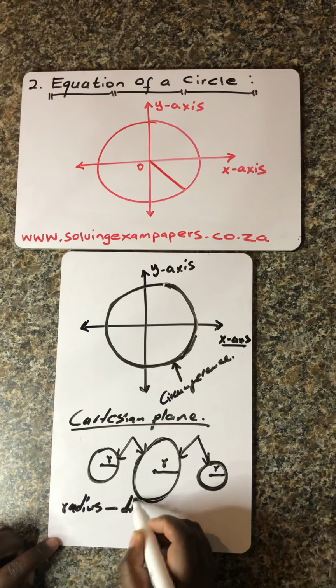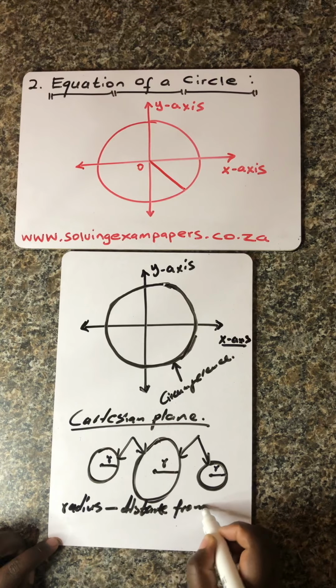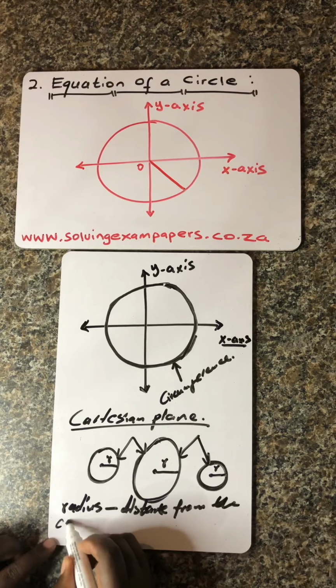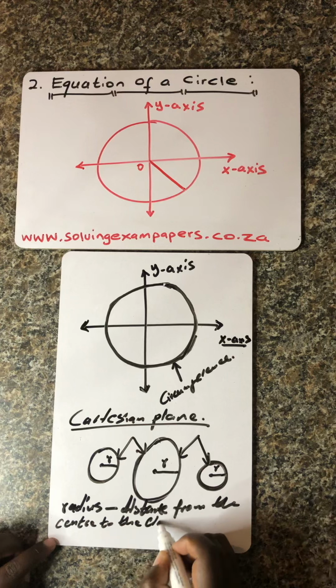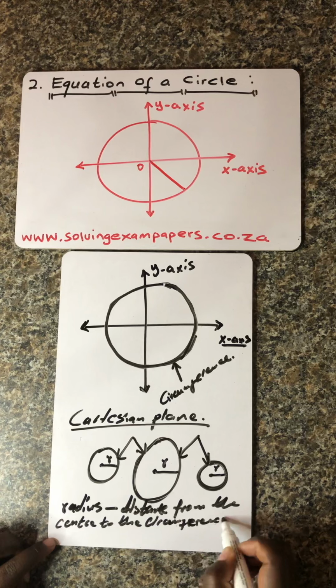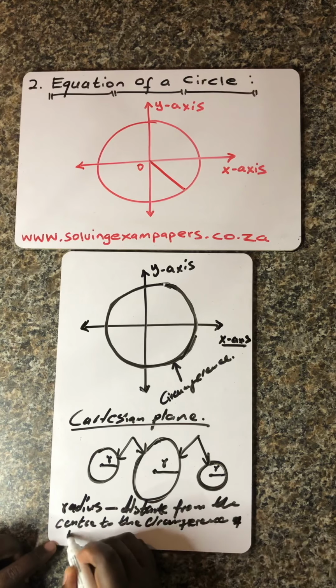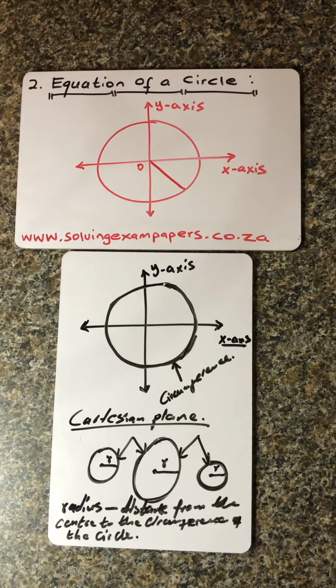The radius, let me just write it down so that you write it as part of your notes. Radius is the distance from the center to the circumference of the circle. Ladies and gentlemen, I doubt that in mathematics, especially in grade 12, you might come across a question where they want you to define the radius.